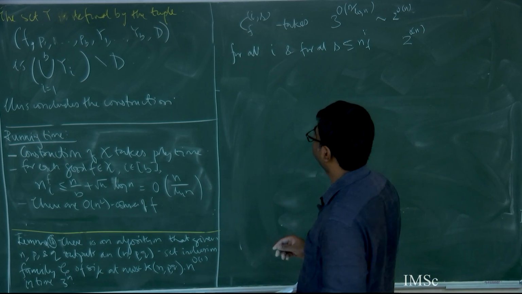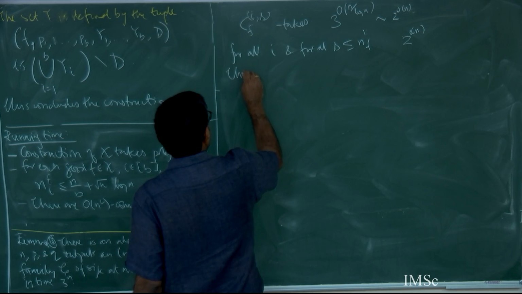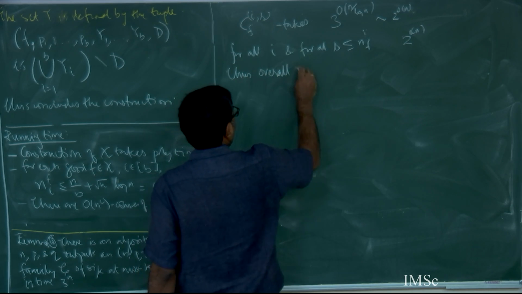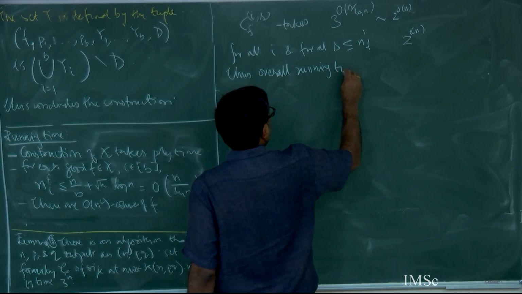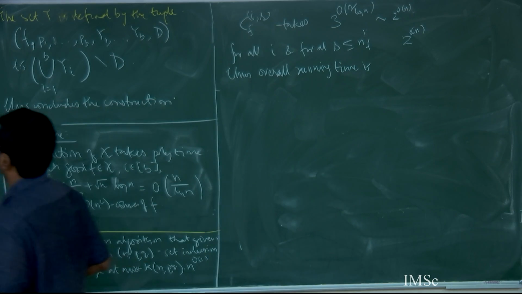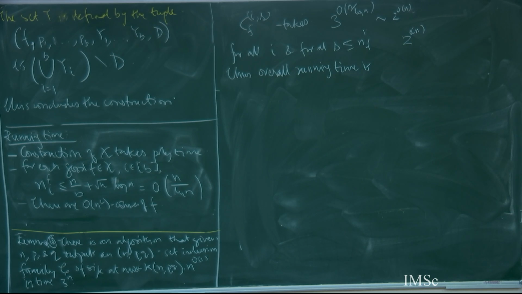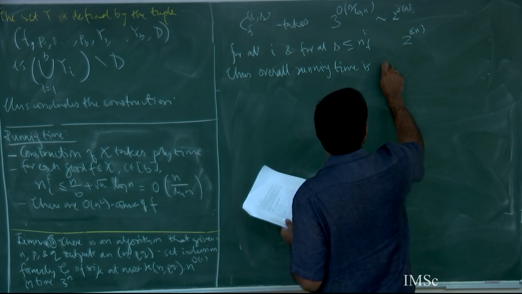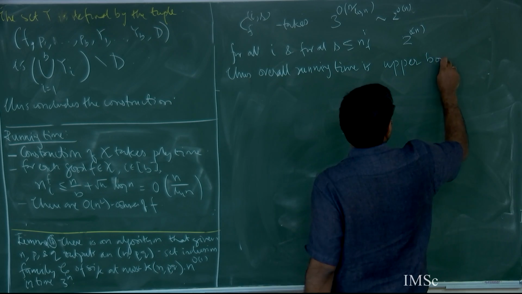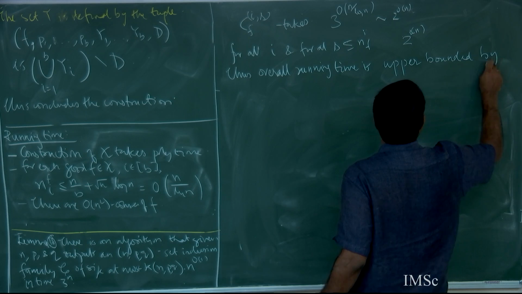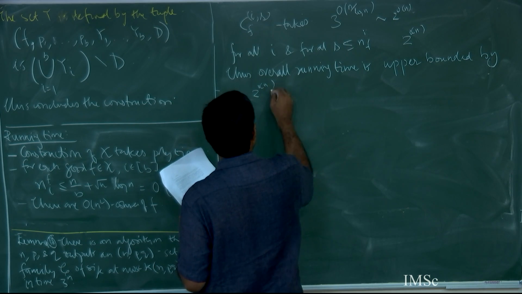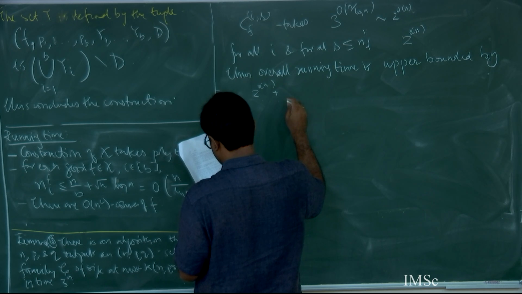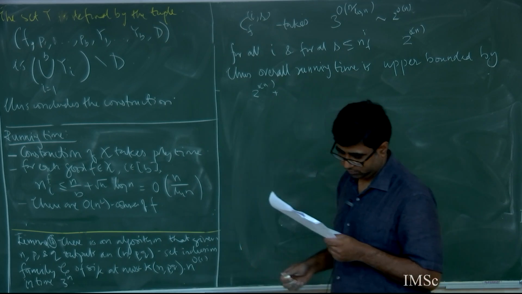So overall running time. I have constructed everything up until here. Thus overall running time is upper bounded by 2 power little o of n plus, and how can you output C?